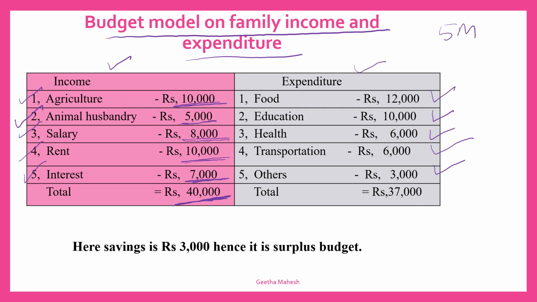When I add up all my expenditure, the total expenditure in that month is 37,000 rupees. If I take the difference of 40,000 minus 37,000, I am able to make savings of 3,000. So my family budget will be a surplus budget.